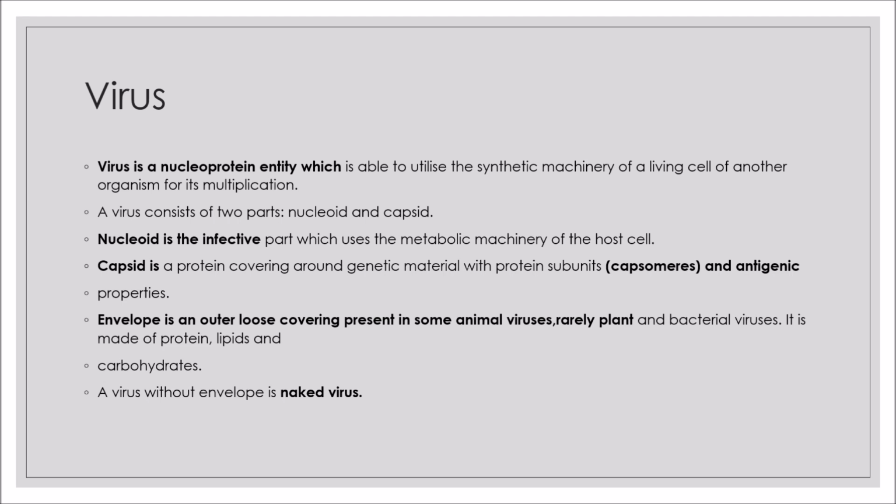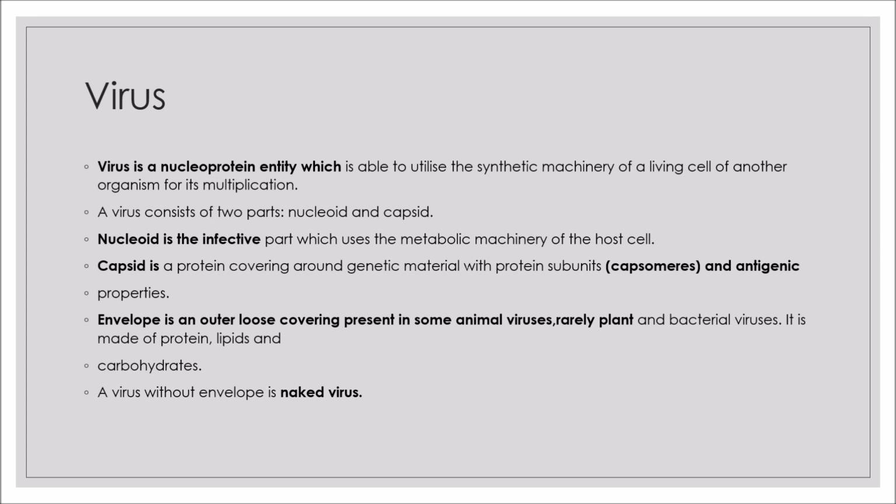The envelope is the outer loose covering present in some animal viruses and rarely in plant and bacterial viruses. This envelope is made up of protein, lipids and carbohydrates. If the virus is without an envelope, it is called a naked virus.